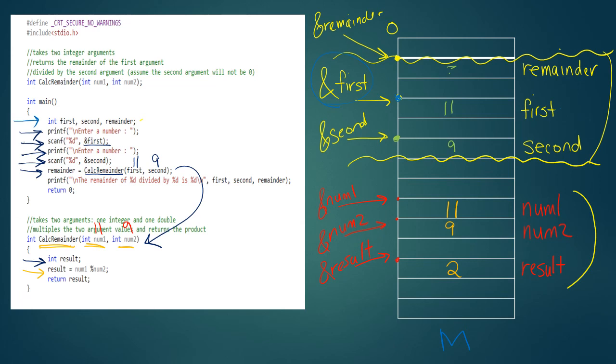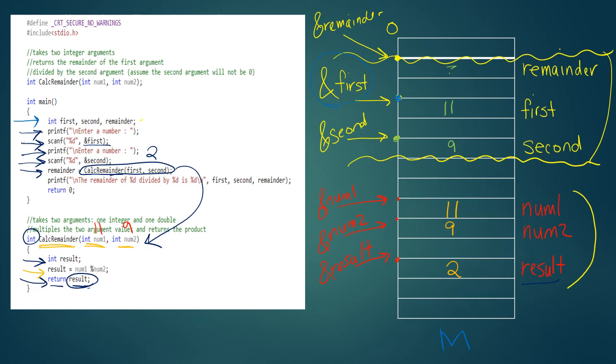So now we're going to go to the next statement right here, which is return result. Result has the value of 2. This whole function call right here is now going to have the value of 2. The return type is an integer. The result is an integer. So whatever gets returned from this function must match the return type.